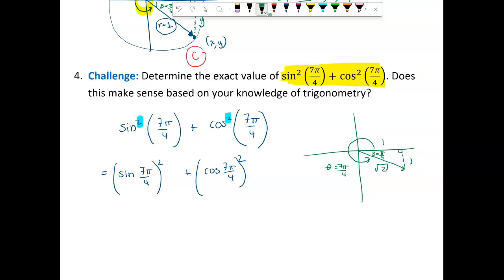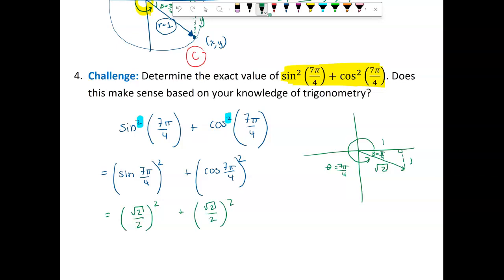When we're talking about sine, sine 7 pi over 4 would equal 1 over root 2, or root 2 over 2, and then square that. The same with cos, it would be root 2 over 2.